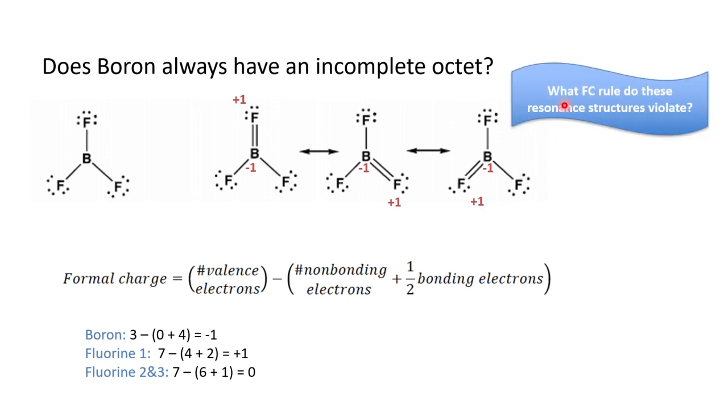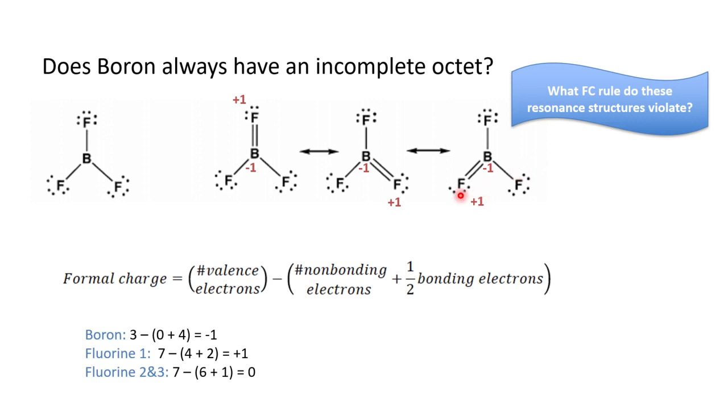What formal charge rule do these resonance structures violate? If you think back to our last exercises and videos, the general rule for formal charge is that the negative charge needs to be on the most electronegative atom. If you look at the trend for electronegativity, fluorine is the most electronegative atom.